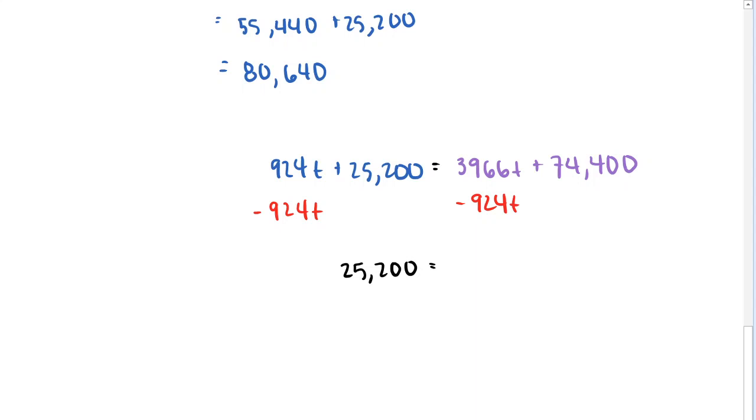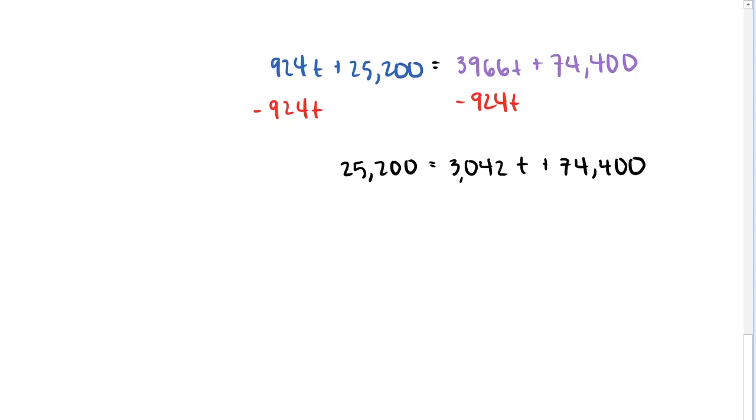This comes out to be 3,042t plus 74,400. And then what we ought to do is we ought to subtract away 74,400 from both sides.